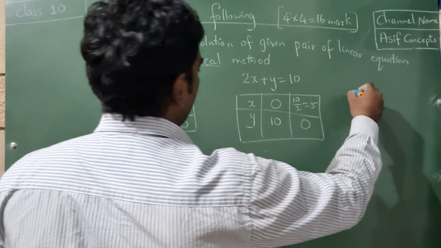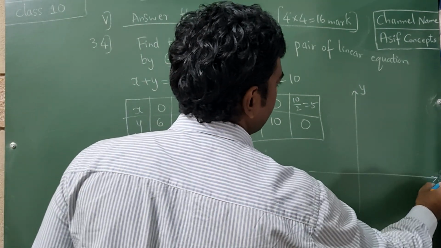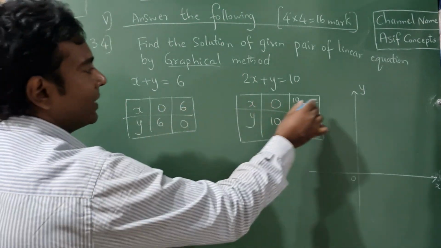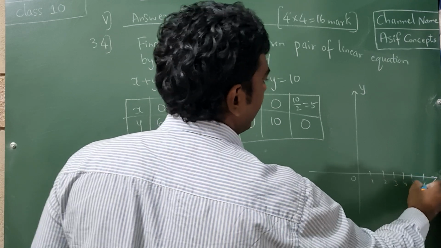So let me draw the graph. What is the highest number on the x-axis? It is 6: 1, 2, 3, 4, 5 and 6.